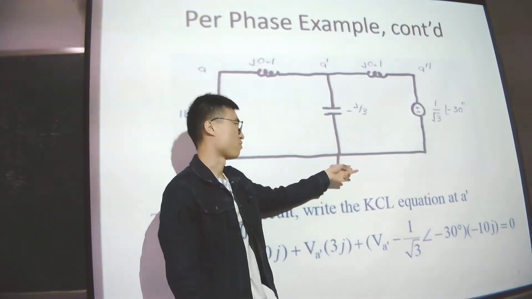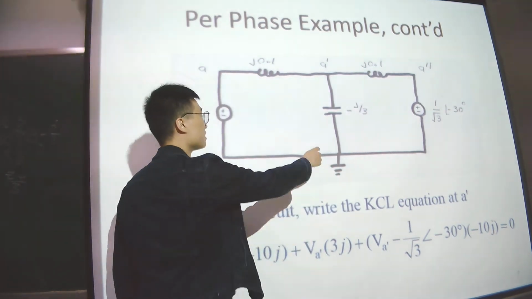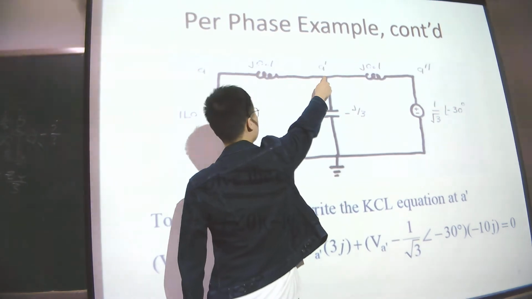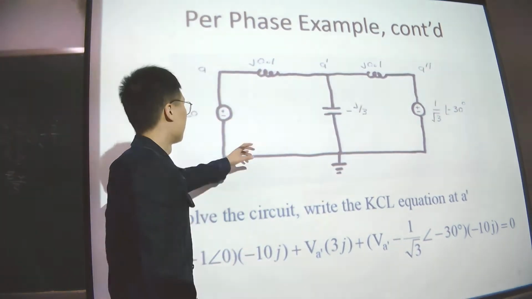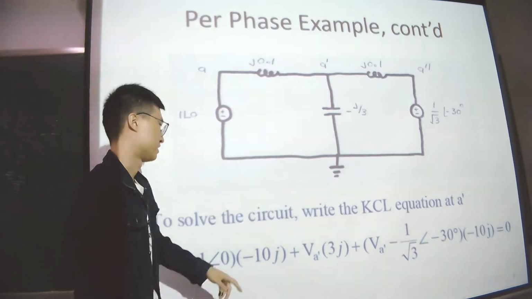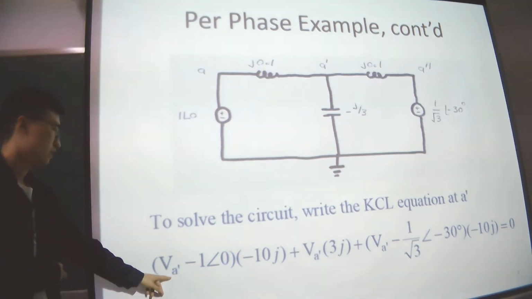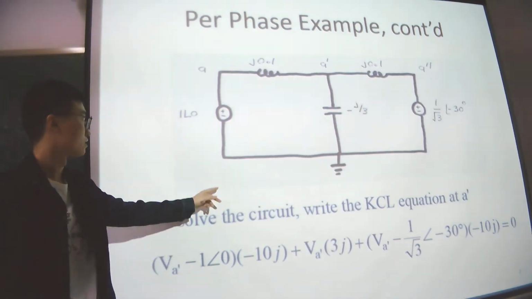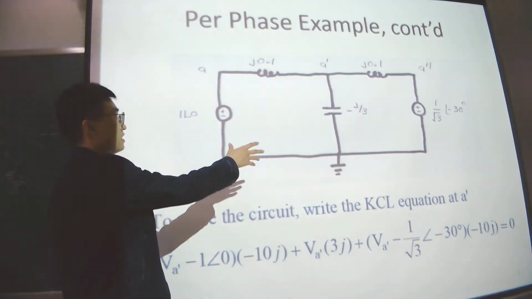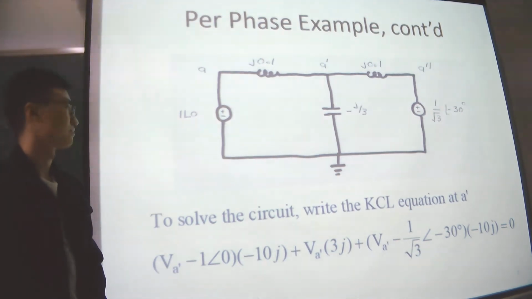The voltage of the ground we take to be 0, right? For this ground, the voltage here minus this one is equal to 0. So the voltage here is voltage A minus this voltage source, which is the voltage across the transmission impedance, right?